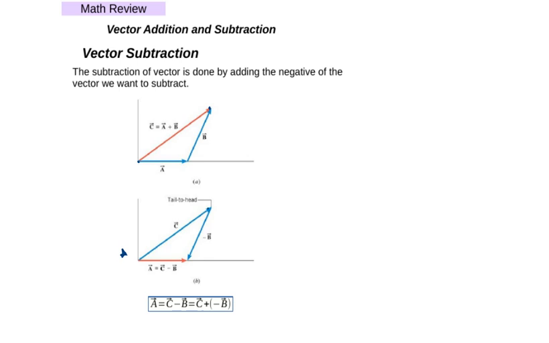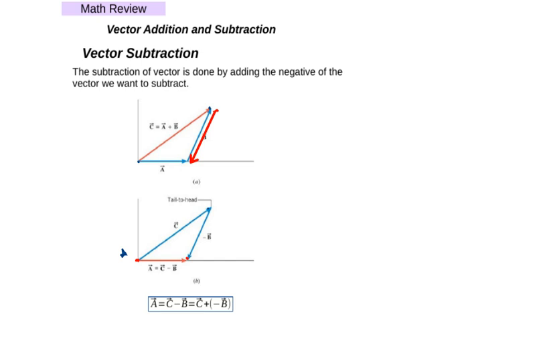Vector addition, head to tail. What we do is we take A, add B at the end, and the resultant vector is from the beginning of A to the end of B. If I want to do A minus B, I take C minus B as it's shown here. I take C as the same. Then I inverse B, that would be minus B. But the minus B should be parallel to B, same length, or anti-parallel would be a better option here.